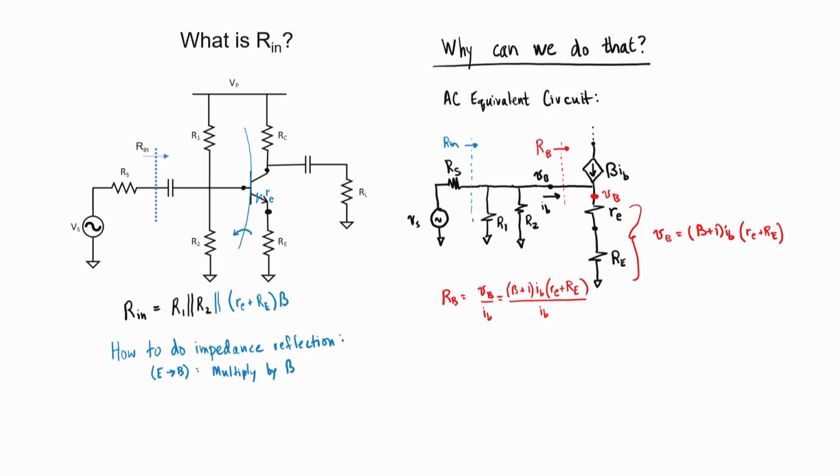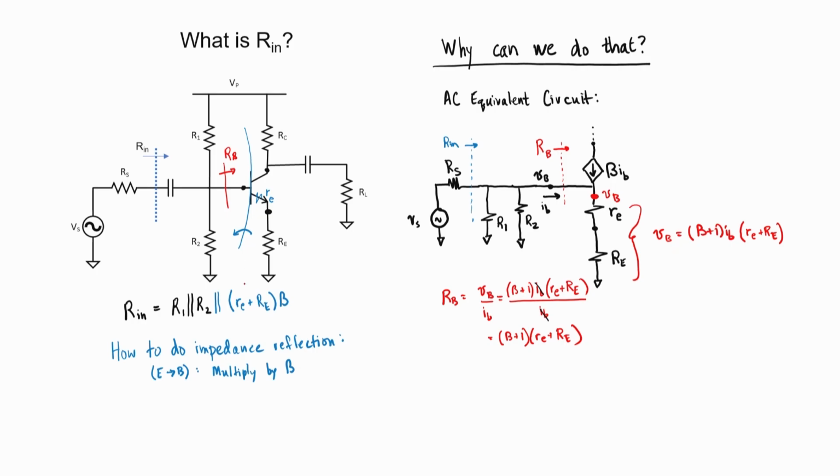We can see in this equation that the I sub B cancels, and we're left with an expression for the resistance as seen from the base. I can go back to my original circuit diagram and say that my resistance as seen from the base is just my emitter resistors times beta plus 1.